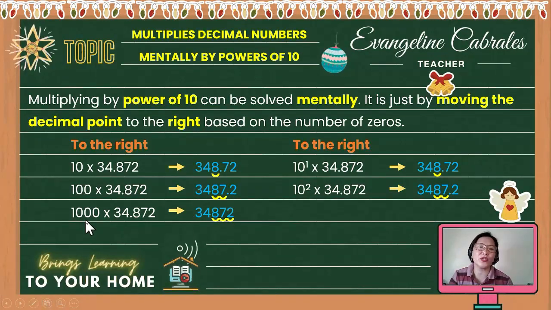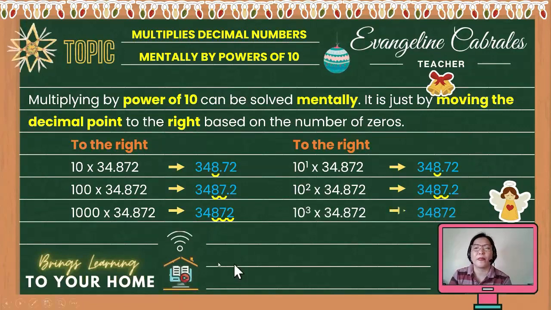And paano naman kaya isusulat ang 1,000? Tama. 10 to the power of 3. Tatlo ang 0, kaya ang exponent ay 3. At ilang beses iuusod papunta sa kanan? 3.